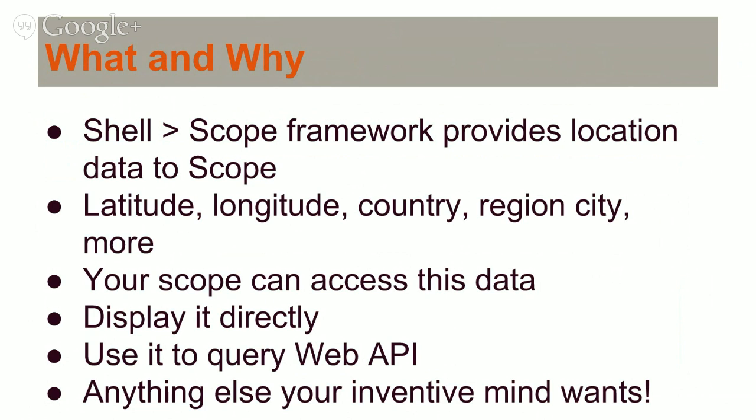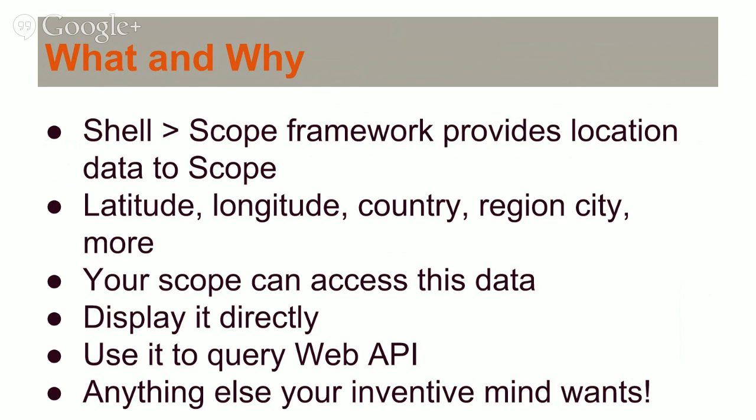And then, what can you do with it? You can display it directly in your scope, although that's not usually done, but it certainly is possible. You can use the data to query a web API. That's a very common case.